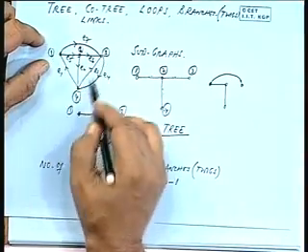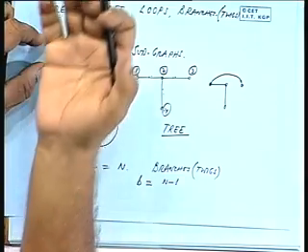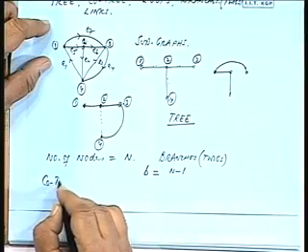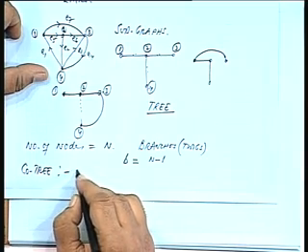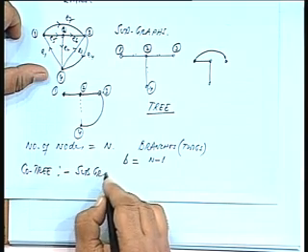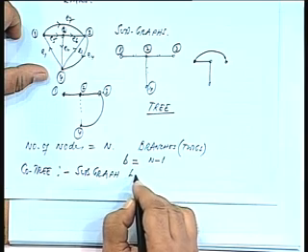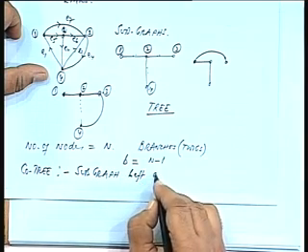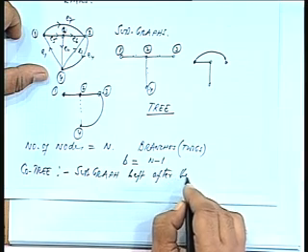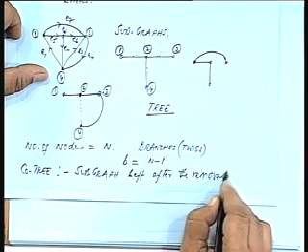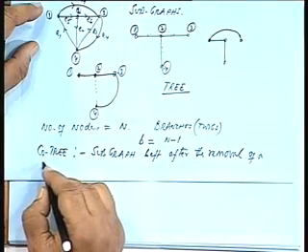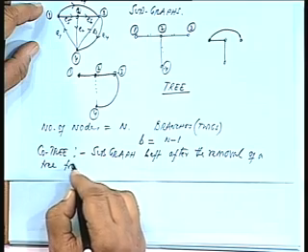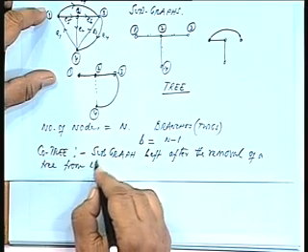If from the network I take out the tree, what is left is a co-tree. So, the co-tree is the subgraph left after the removal of a tree from the main graph.